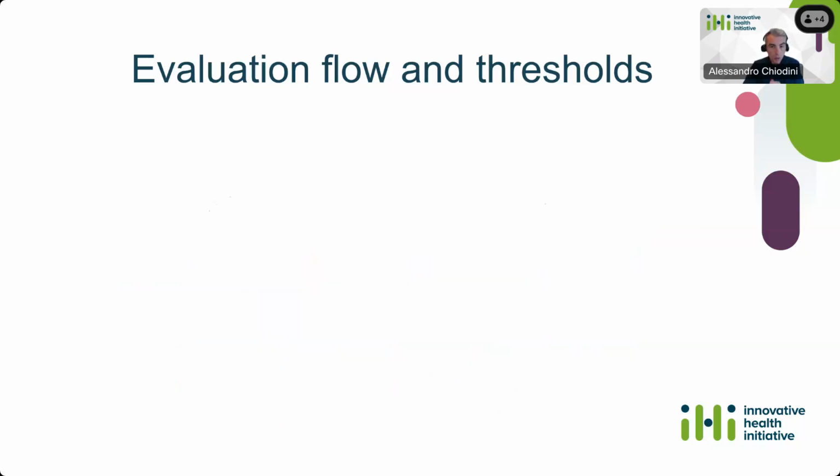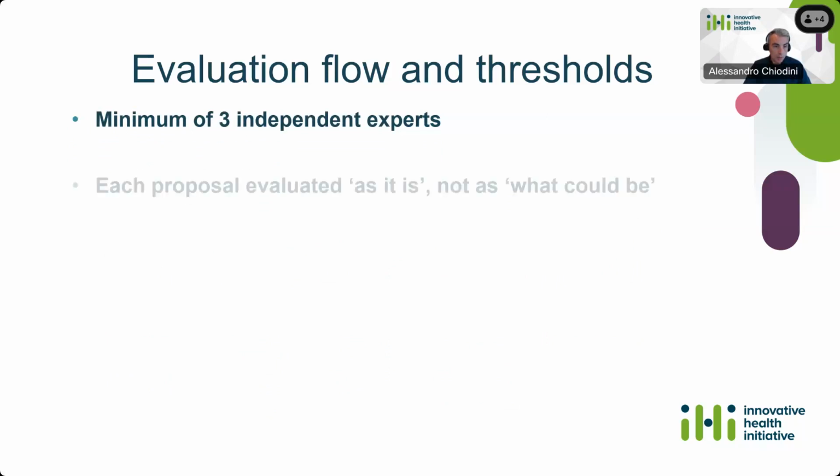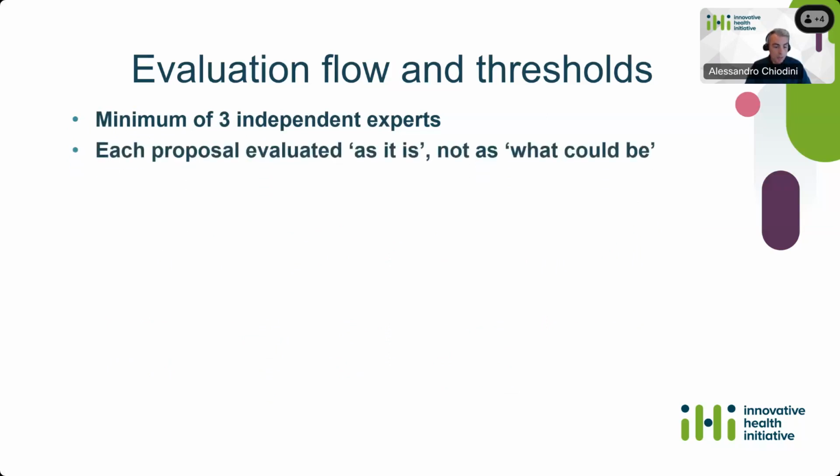We use at least three independent experts to assess each proposal, but due to the complexity of IHI projects and proposals, we normally use between five and six experts per proposal. Please remember that your proposal will be evaluated as it is submitted.